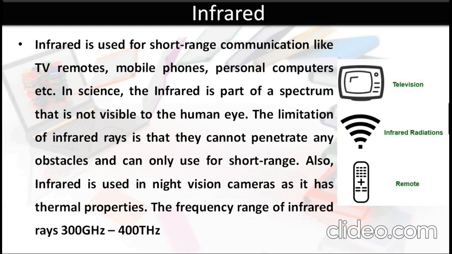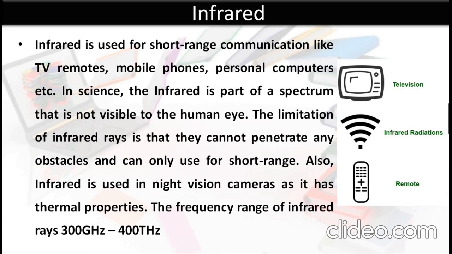Even in science, infrared is the part of the spectrum that is not visible to the human eye. If you take your remote at home and press the button, the LED light will blink, but you won't see the radiation, you won't see the spectrum of the infrared. The limitation of infrared rays is that they cannot penetrate obstacles.